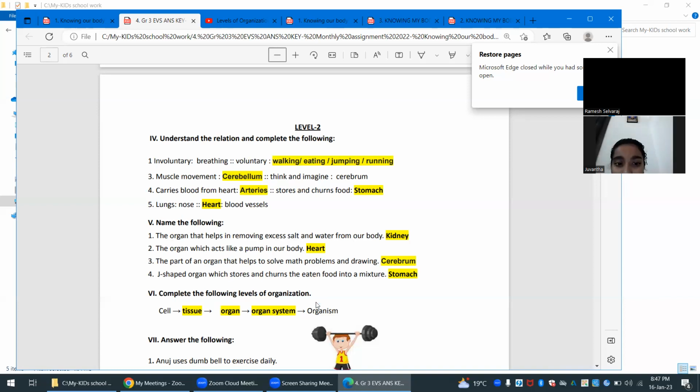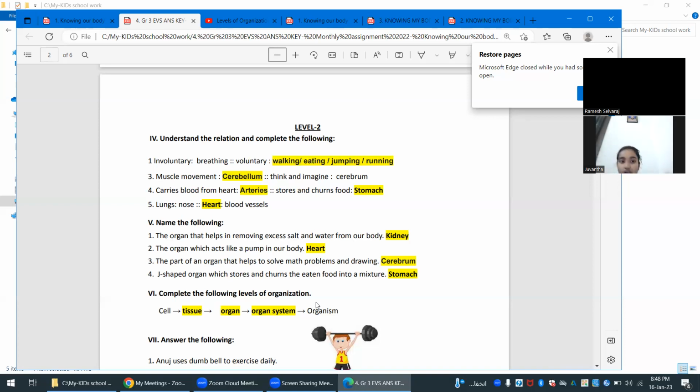Cerebrum. Okay, which part helps us to be intelligent? Cerebrum. Which part helps us to learn something new? Cerebrum, right?